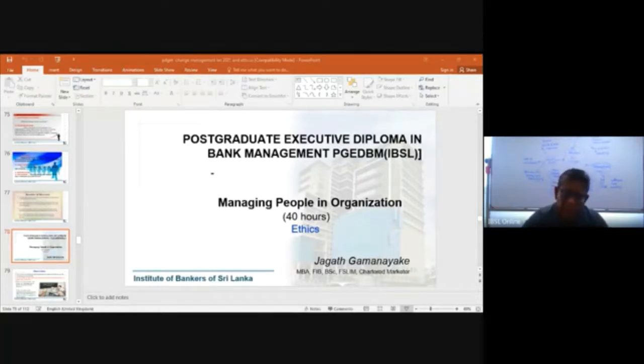So these are the main causes we noted for unethical behavior, right? There are so many things, but I just briefly touched on ethics. We learned what ethics is, what we mean by ethics, then we discussed what a code of ethics or code of conduct is. To support that, what the central bank issues is called the customer charter, a code of conduct banks need to follow.